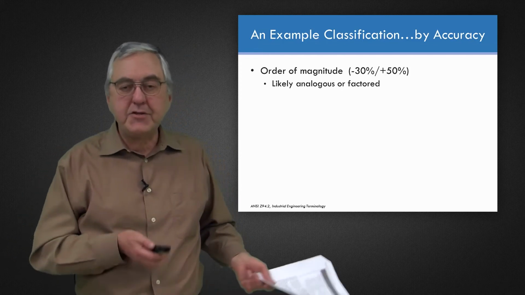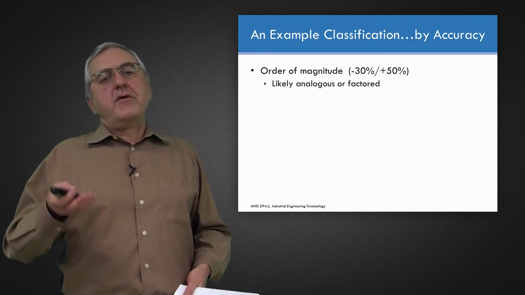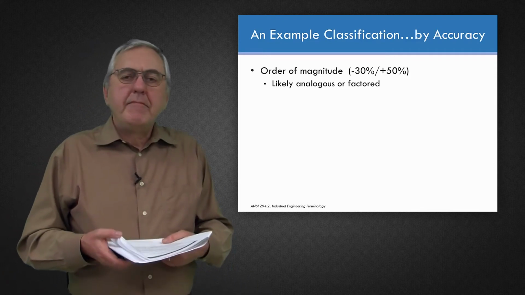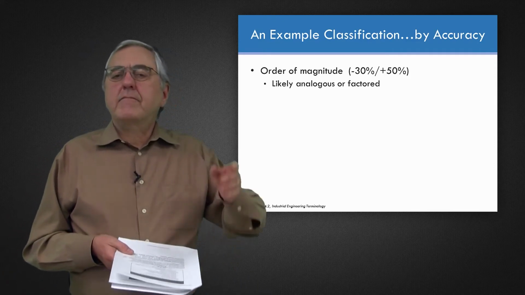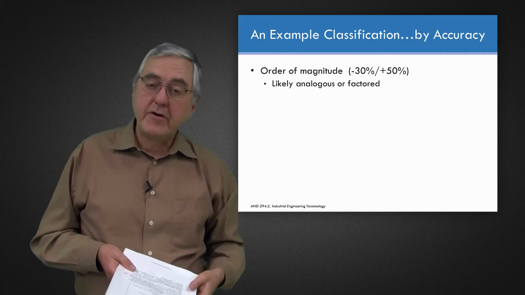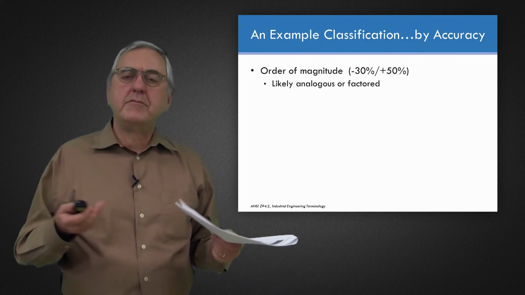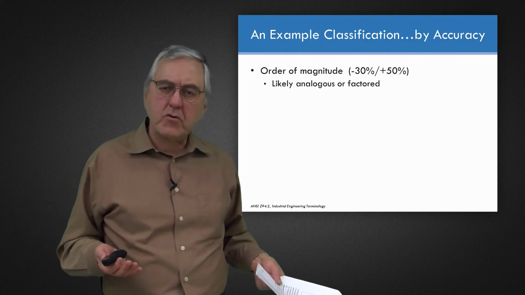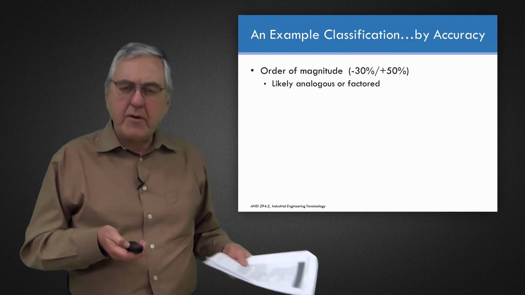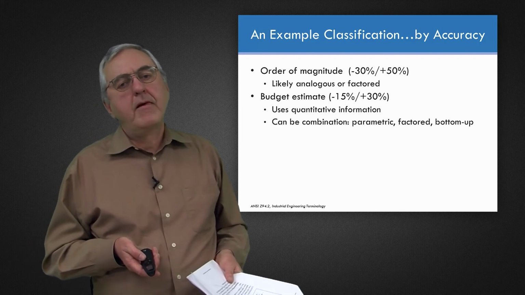This comes from an ANSI standard, which is industrial engineering terminology. So if you call something an order of magnitude estimate, maybe that means that the actual cost might be 50% more than you have estimated, might be 30% less. And you're probably using fairly top-down estimating tools like an analogous estimate or a factored estimate without a lot of detailed work being put into the project.